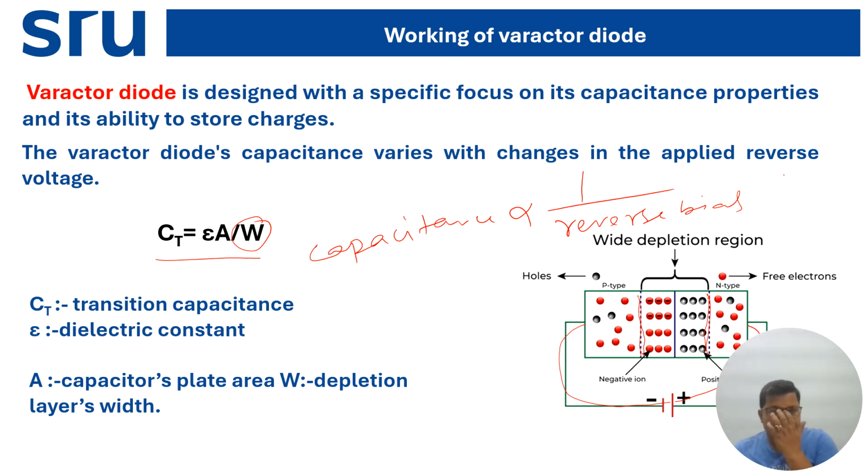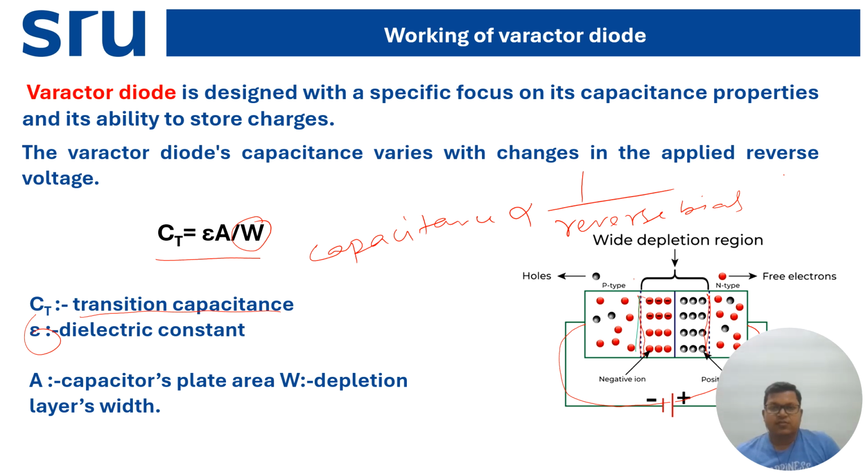So finally we see that the capacitance Ct varies inversely with the reverse bias. Here Ct stands for transition capacitance, that means the change of capacitance due to the reverse bias, and epsilon stands for the dielectric constant of that particular region. So this is the depletion width.